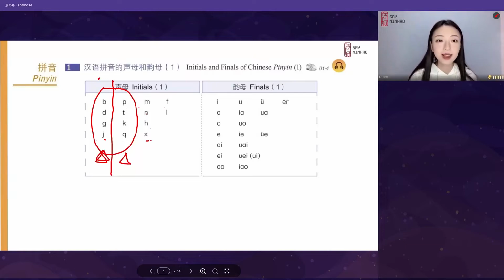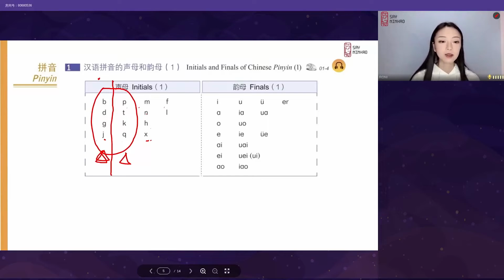And for te it is the same. Te, softer air. Te, stronger air. And ge, softer air. Ke, stronger air. And ji, softer air, and qi, stronger air. That's the difference between unaspirated and aspirated initials.